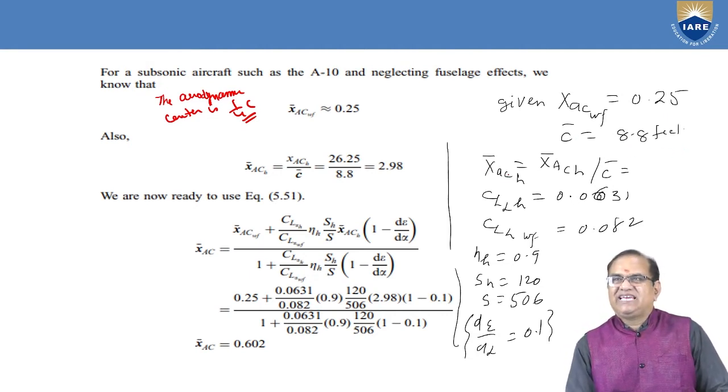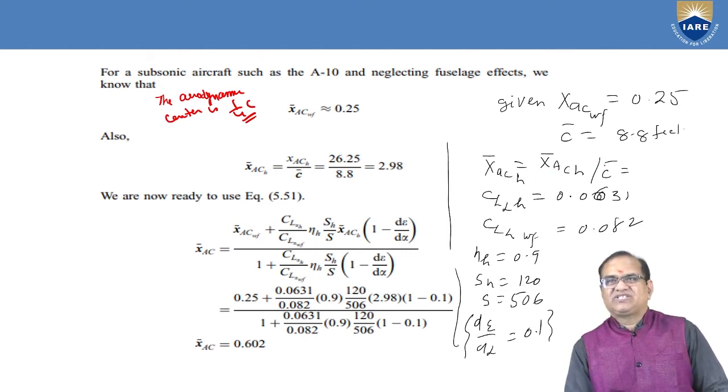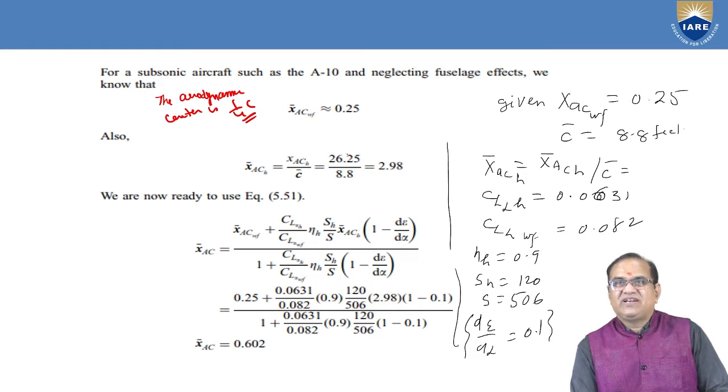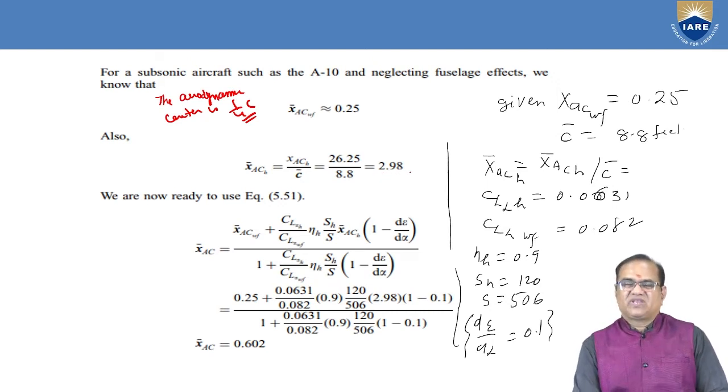X bar ACH is equal to XACH by C bar. XACH is given as 26.25 divided by 8.8, so we will get 2.98.